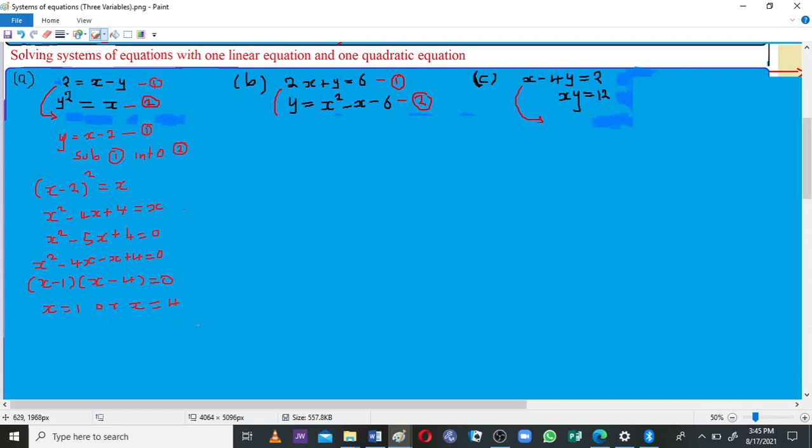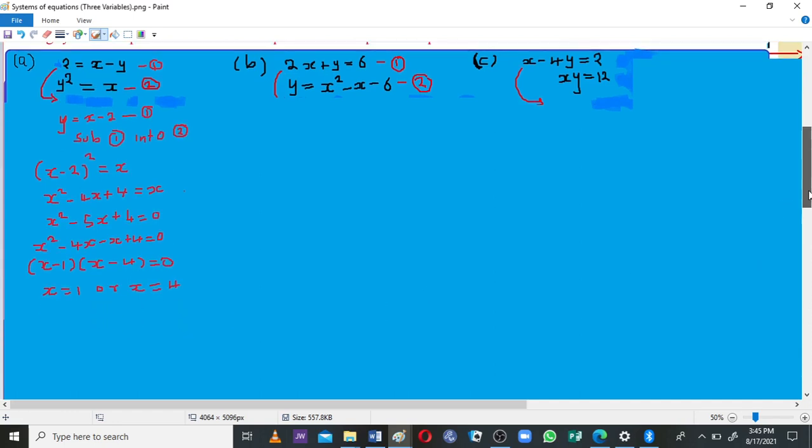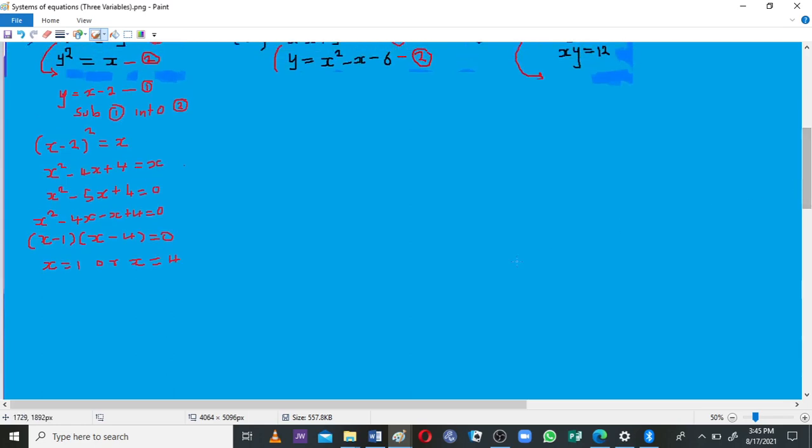Now you have found the value of x, so you can still find the value of y as well. How are you going to do that? You can take equation 2. Remember your equation 2 is y squared is equal to x. For x is equal to 1, what will be your y? Your y is going to be the square root of x.